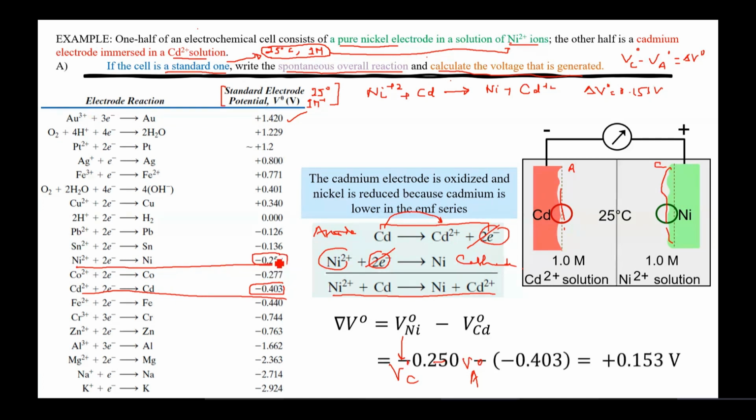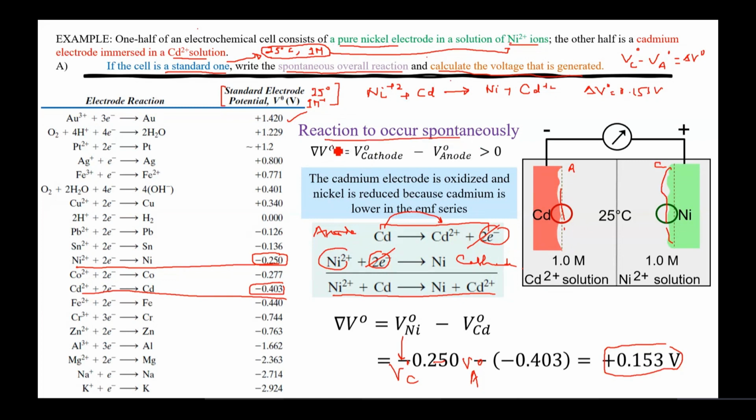And if you plug in the values, the voltage comes out to be plus 0.153 volts. Clear enough? Yes sir. All right. So for the reaction to occur spontaneously, this should be positive, which is positive, so the reaction will take place spontaneously.